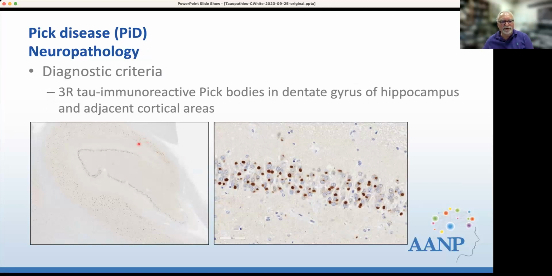Here you see a low power view of an immunostained section of hippocampus from a case of Pick disease. You can see that the dentate gyrus stands out darkly because of all of the inclusions within the dentate gyrus neurons.